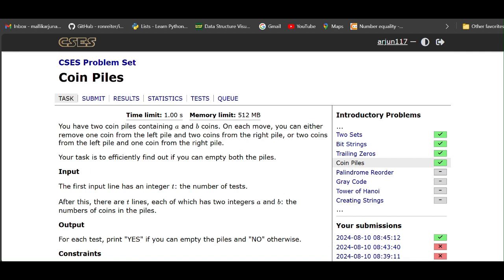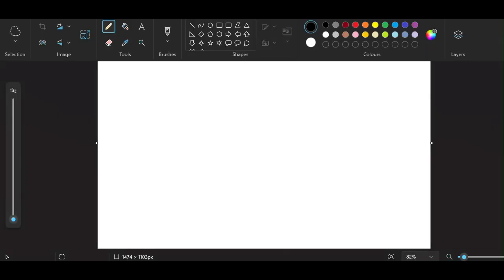So we have two piles of coins. Let's imagine this is the A coin pile, and this is the B coin pile. And there are two conditions.